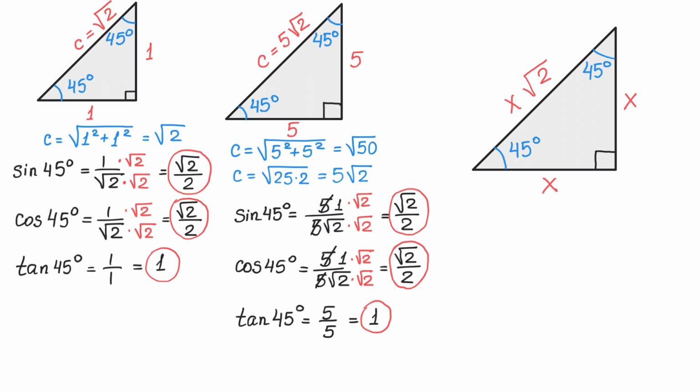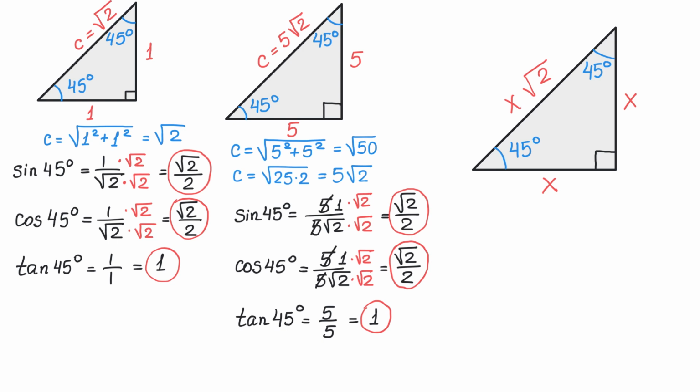And if the hypotenuse is 7 square root of 2, then this side is 7 and the other side is also 7. So again, in all these triangles, if we are given the lengths of the shorter side, then to find the hypotenuse, we just multiply it by square root of 2.